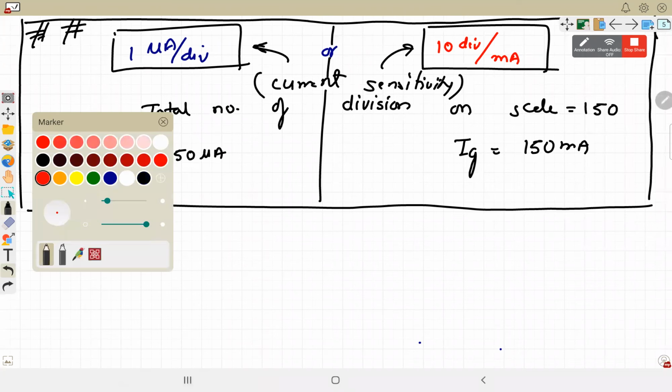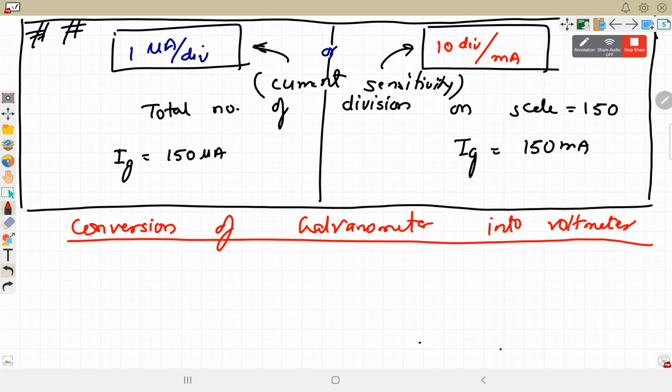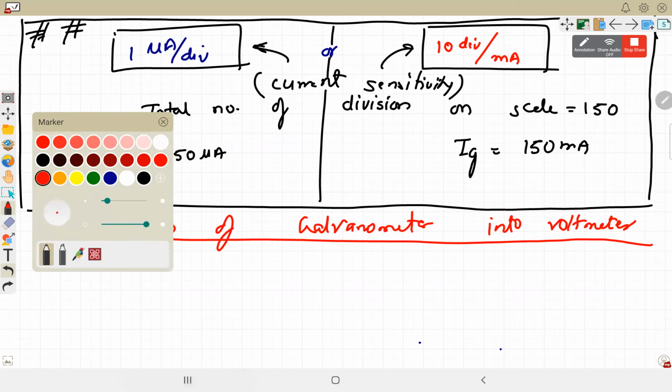Second, conversion of galvanometer into voltmeter, and then we will solve some questions based on this. Conversion of galvanometer into voltmeter. Again, suppose we try to use the galvanometer directly without any change.